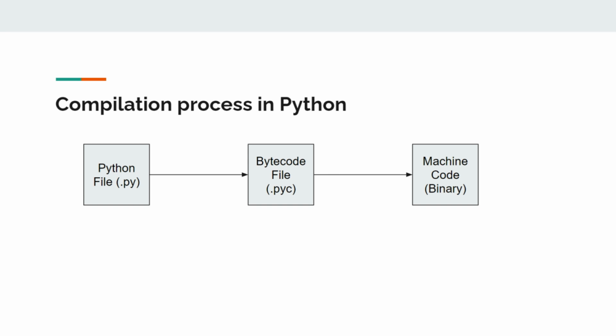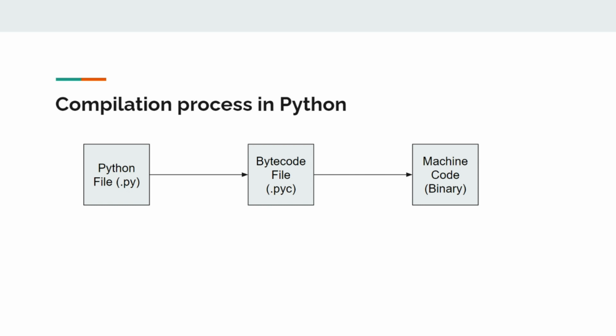So what is the underlying process of compilation in Python? As I was typing the file, you would have noticed the file extension I saved as .py. On clicking the run button, or by using the python space file name command and pressing enter, the file would be converted to a bytecode file, which is saved with the extension .pyc.